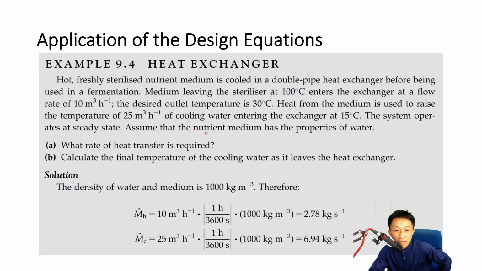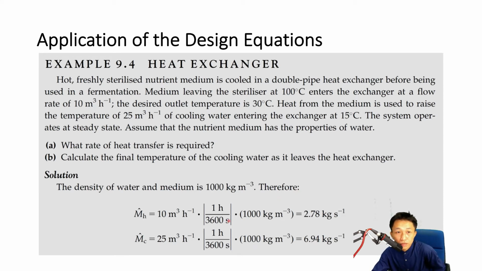Again, we assume the nutrient has the properties of water, so the density and the viscosity are the same. First, calculate the heat required, and second, calculate the cooling water outlet temperature. This is hot, this is cold, so the density is the same.